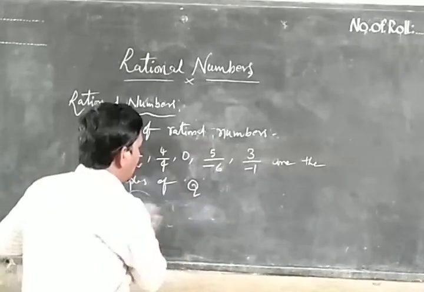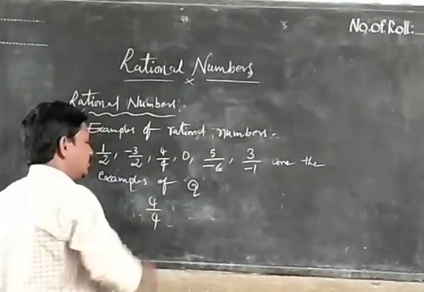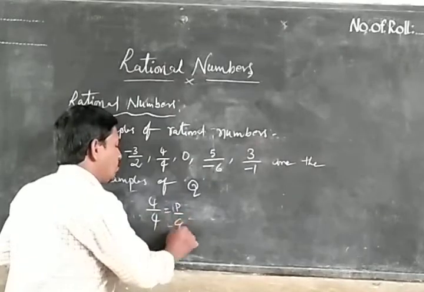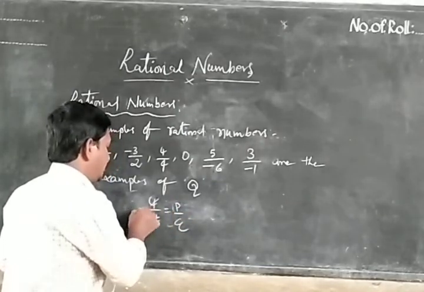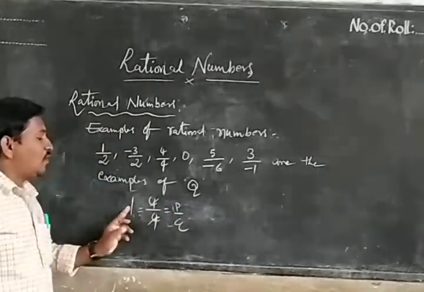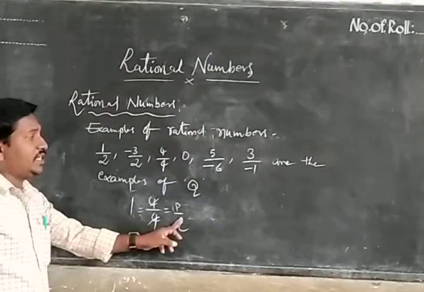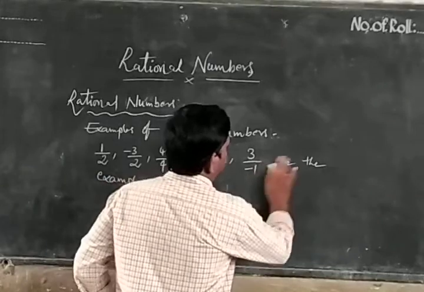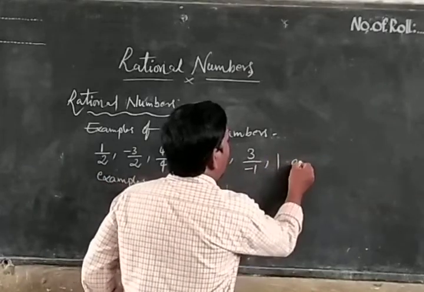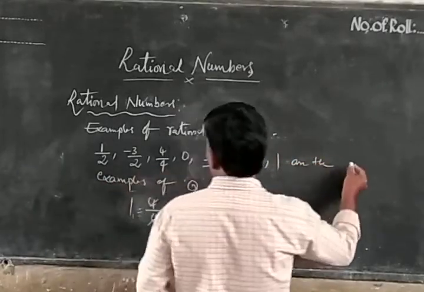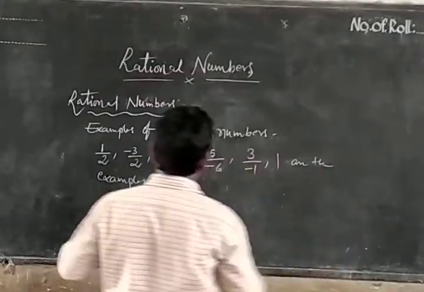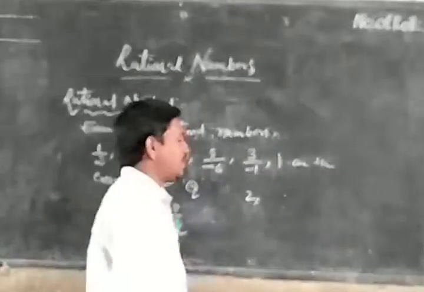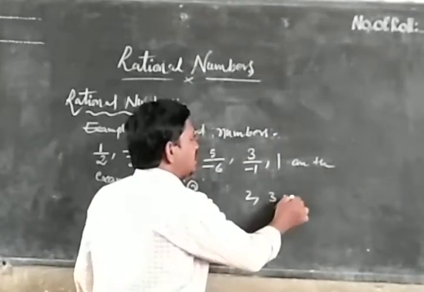And 4 by 4 is in the form of p by q. 4 by 4 means 1. Write 1, 1 as examples of Q. Why? Because 1 is a rational number, 2 is also a rational number, 3 is also a rational number. Why?